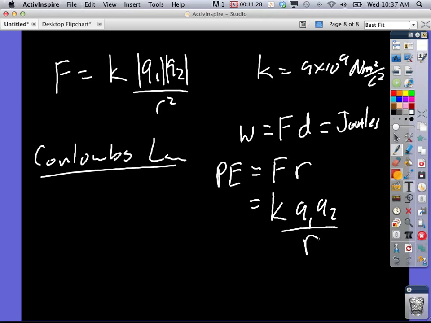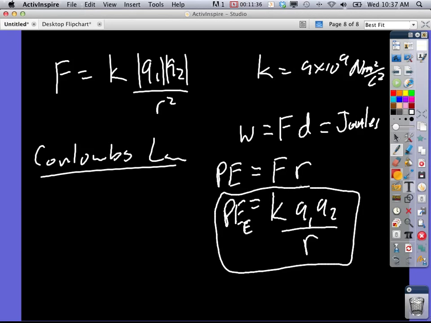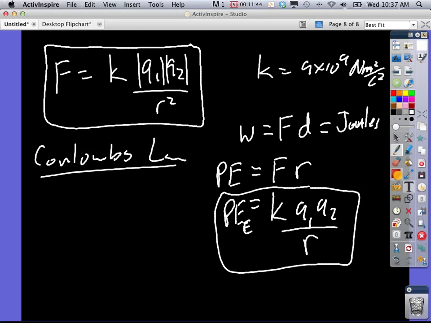That's it. And this is the potential energy. This is electrical potential energy, the potential energy between two electric charges. Okay? So we've got the force between two charges. Now we have the potential energy between two charges.